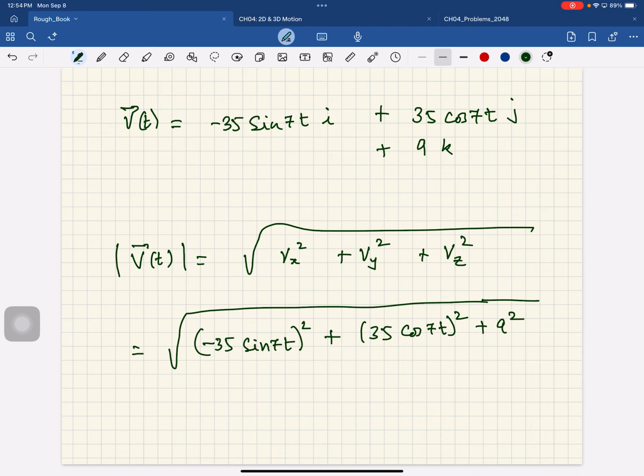So there is your instantaneous speed as a function of time. For this particular case, that plus that squared is 35 squared, plus 9 squared. Your instantaneous speed is constant. Your speed is constant for that motion.